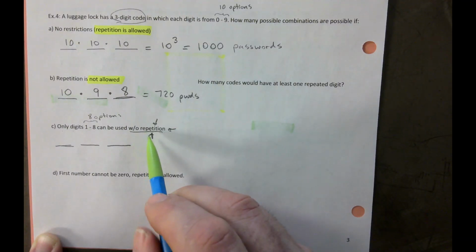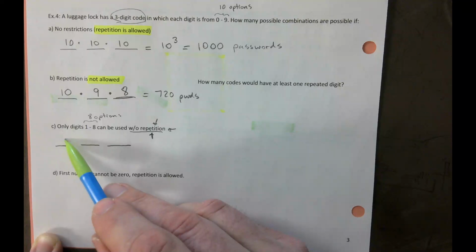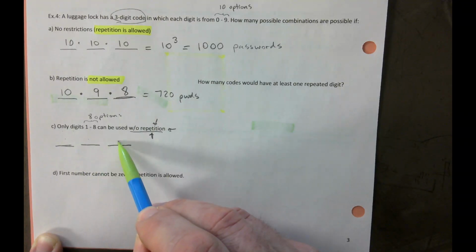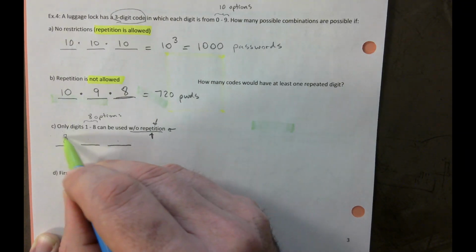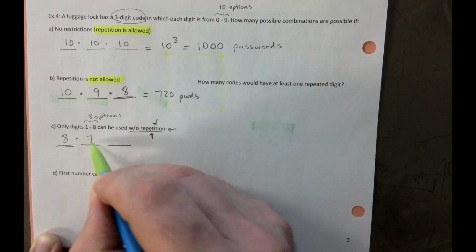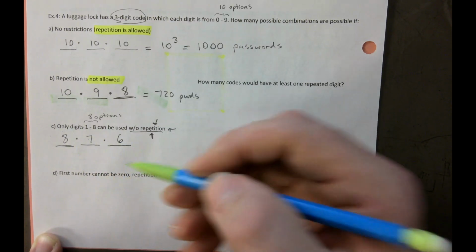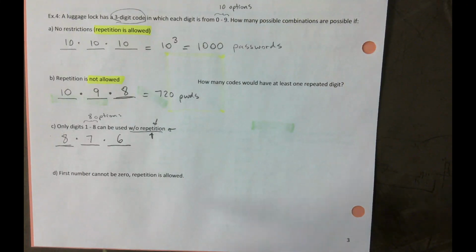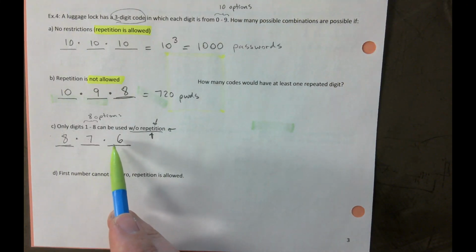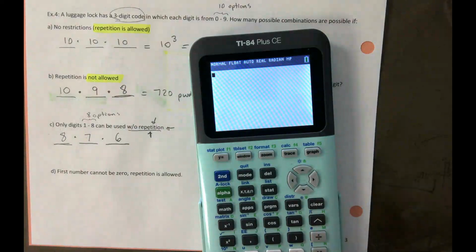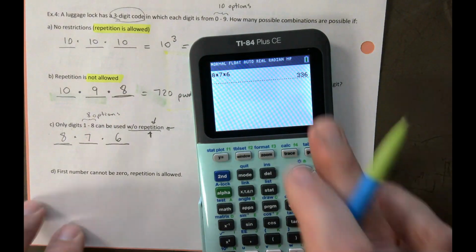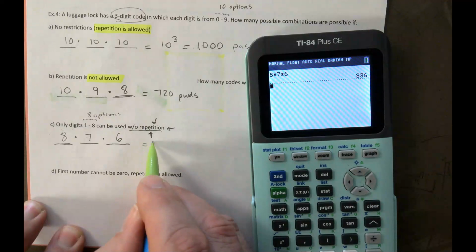If it had been with repetition allowed, you just go 8, 8, 8. Right? Can't do that here. So you got to go 8 times 7 times 6. Doing this ensures that you're not counting the ones that have repeated digits. You know what I mean? That's what this step does. Okay. And I know it's a bit of a weird concept. I get it.